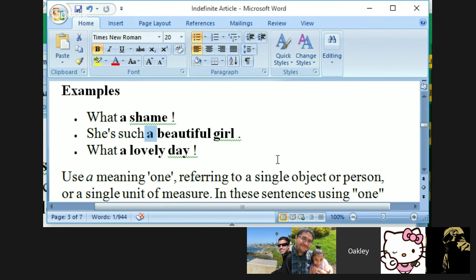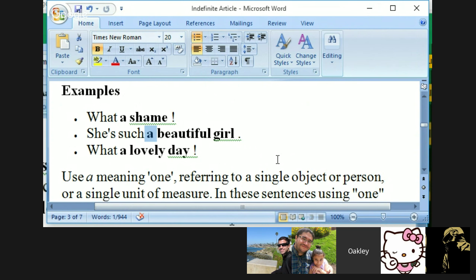Okay. Along that note, and a side interesting, worthwhile thing to know regarding such, she's such a beautiful girl. I'm emphasizing her beauty. And if I want to use so, she's so beautiful. We also use so for this purpose to show emphasis. Notice the difference.